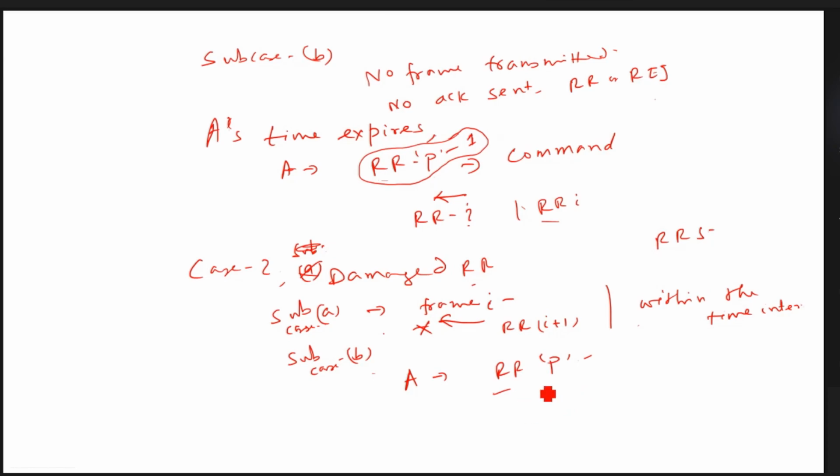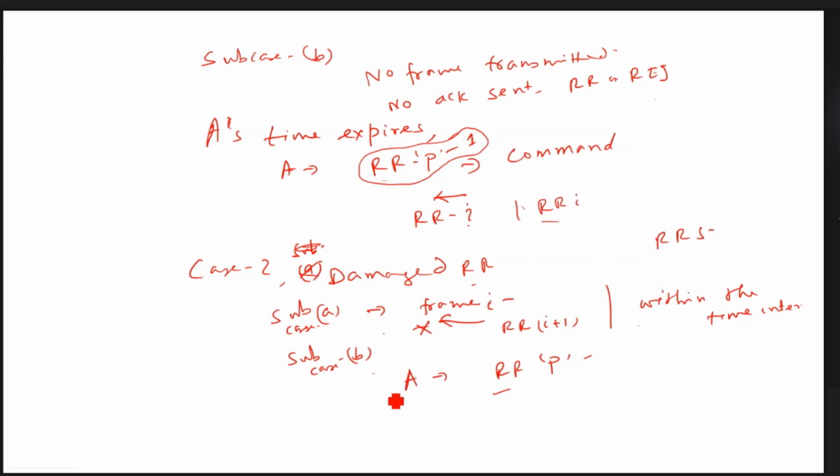This procedure will continue several times. Even then, if A does not receive any acknowledgement after a certain maximum number of attempts, it will initiate a reset of the whole procedure. So that is the case. There are different cases for the damaged acknowledgement.